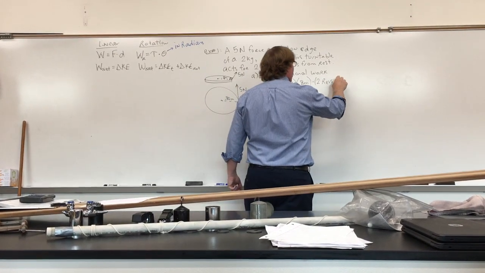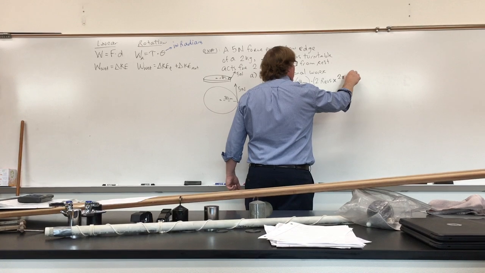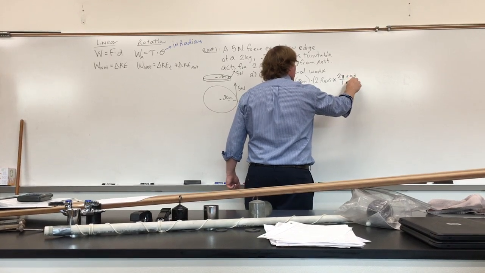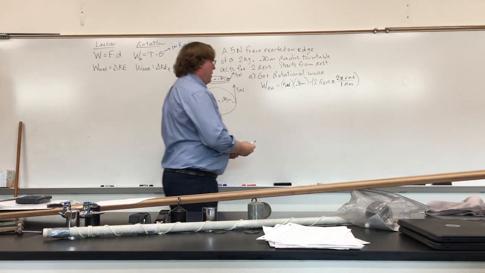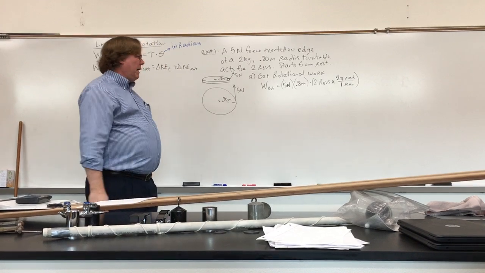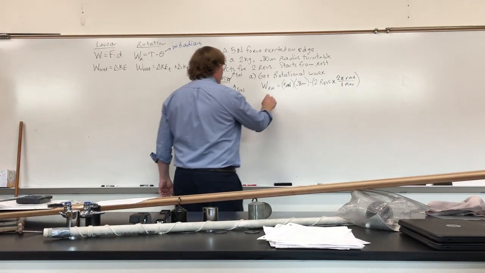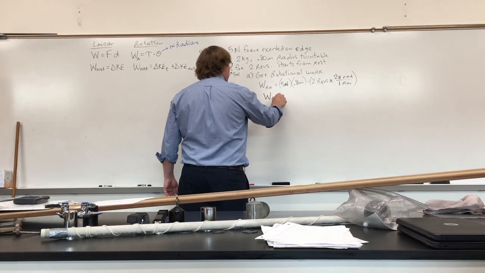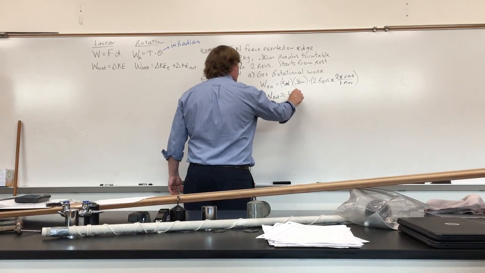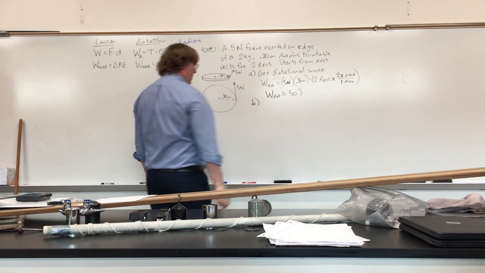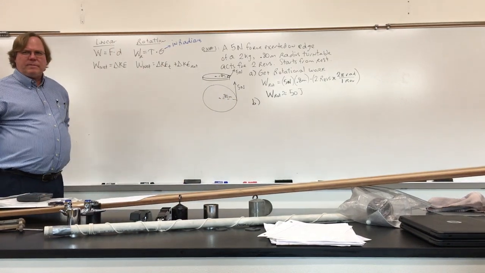I'm going to have to multiply this by 2 pi radians in 1 revolution. And then I get my work, which is approximately 50 joules. You guys okay with that?